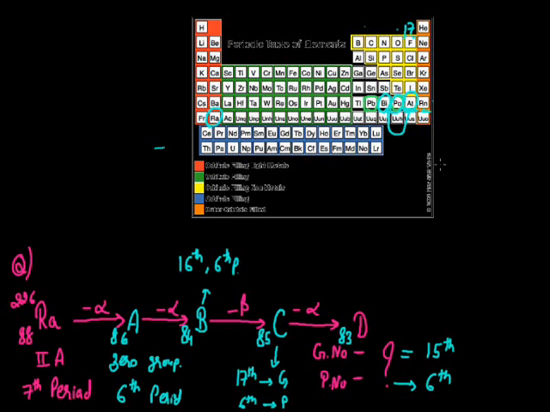These are quite easy, but wherever you are going to solve questions based on the radioactive disintegration of lanthanoids or actinoids, you need to be a little bit careful. For example, take the element uranium. Uranium has the atomic number 92.